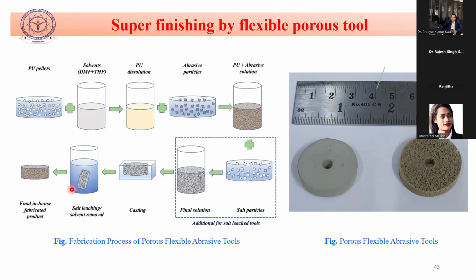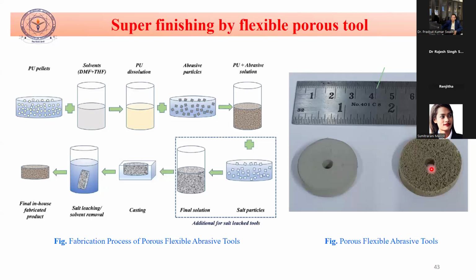By salt leaching, some material is removed, and here you can see the porous abrasive tool we obtain. And this is a normal flexible abrasive tool, which we made porous here.